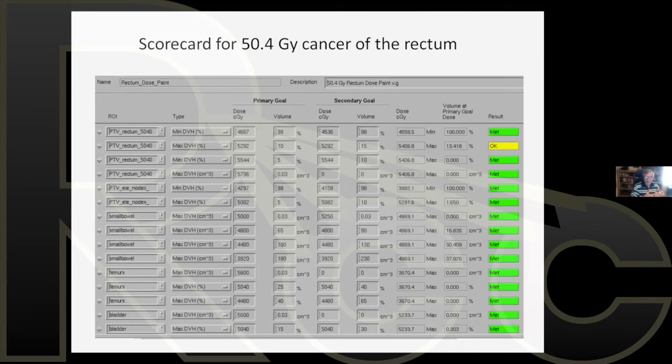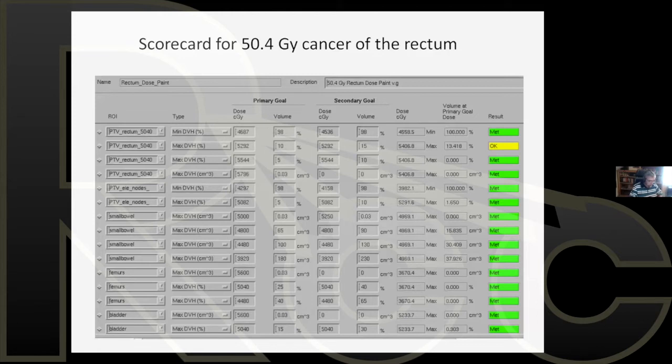The planners and the physicians can look at the quality of the plan in terms of dose to the target, dose to the tumor, dose to the healthy tissue around it, and come up with a measurement system, develop a table of objectives and constraints, and score them by dose volume histogram and a table of objectives and constraints taken from that dose volume histogram.